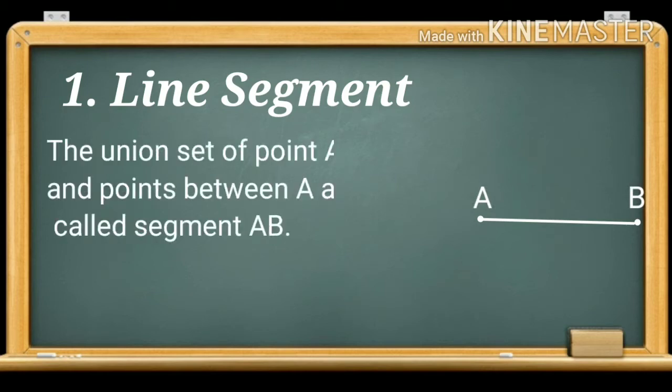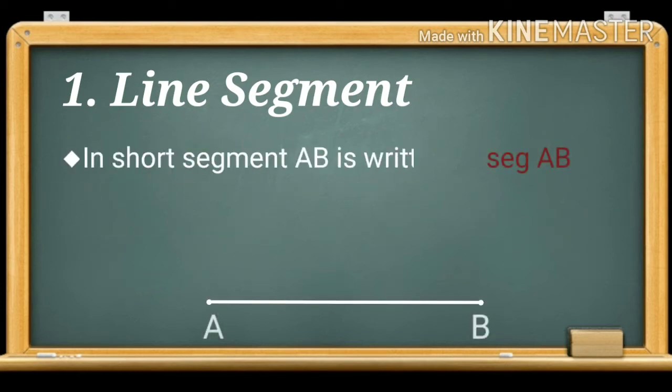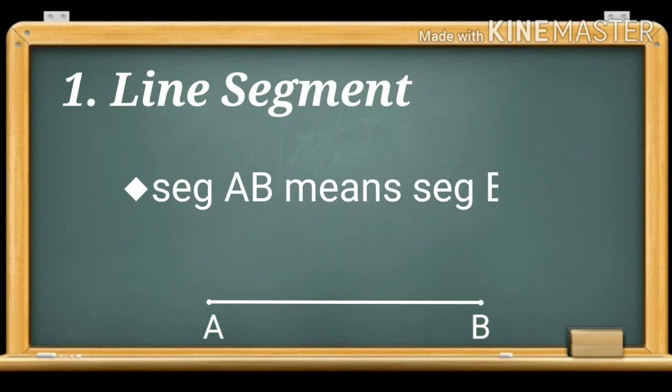The union set of point A, point B and points between A and B is called segment AB. Segment AB is written as seg AB in short. Segment AB means seg BA, means segment AB and segment BA are same.